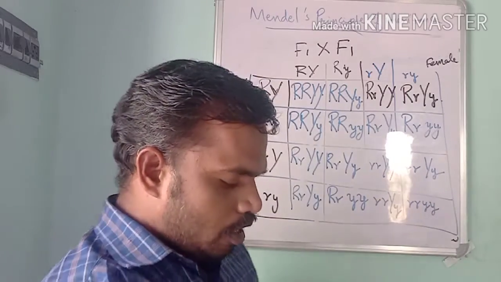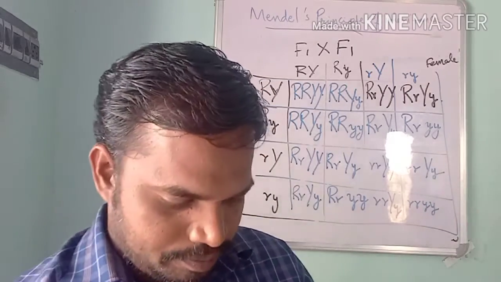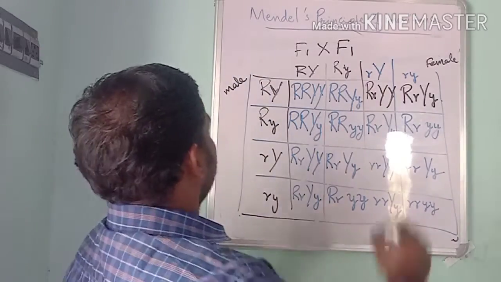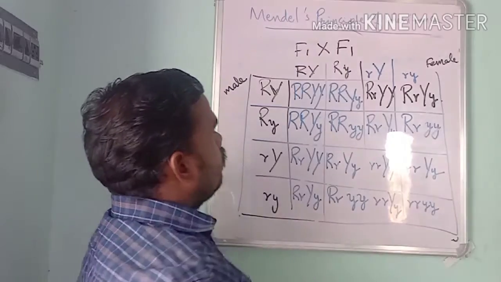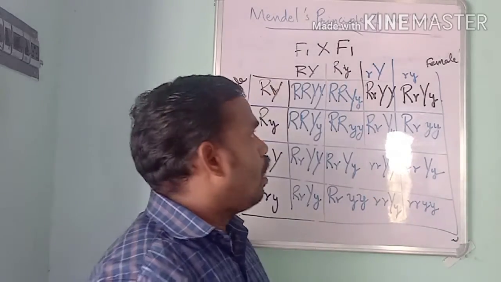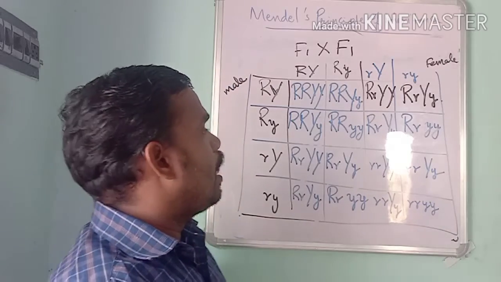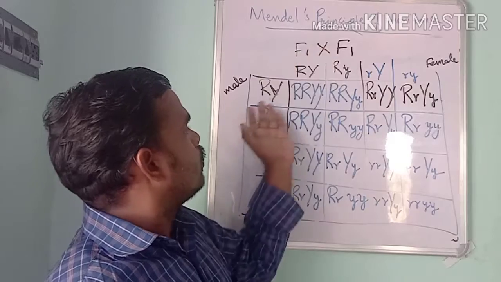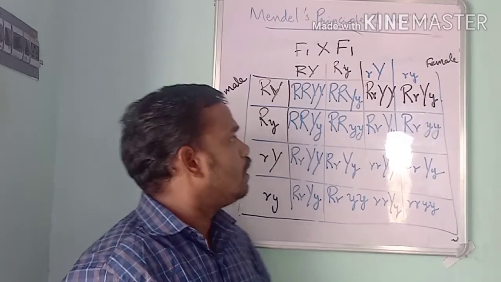So we made the F2 progeny. Let's check over it. F1 is allowed to self-pollinate, because in the F1 hybrids we are able to get four gametes and these randomly unite and form the traits.